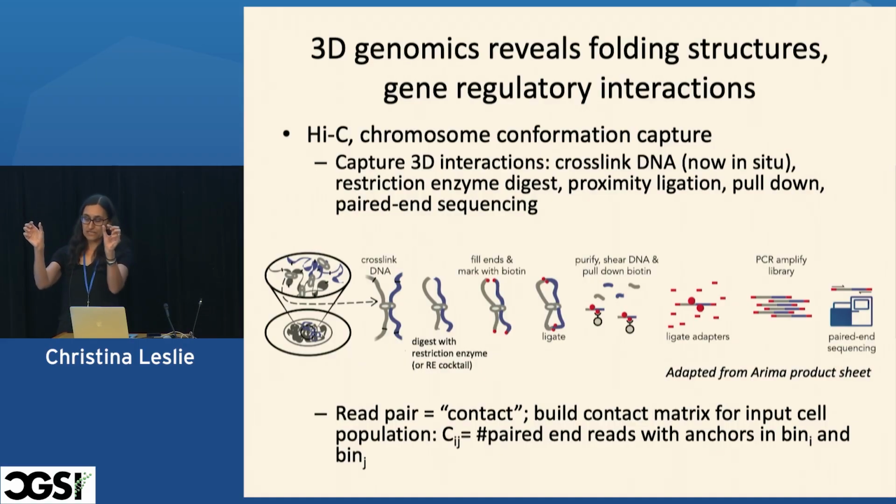And that paired end read, we talk about the read pairs as anchors. We map them to bins in the genome, and we can say there's a contact between bin I and bin J, and produce a contact map, just as a matrix.